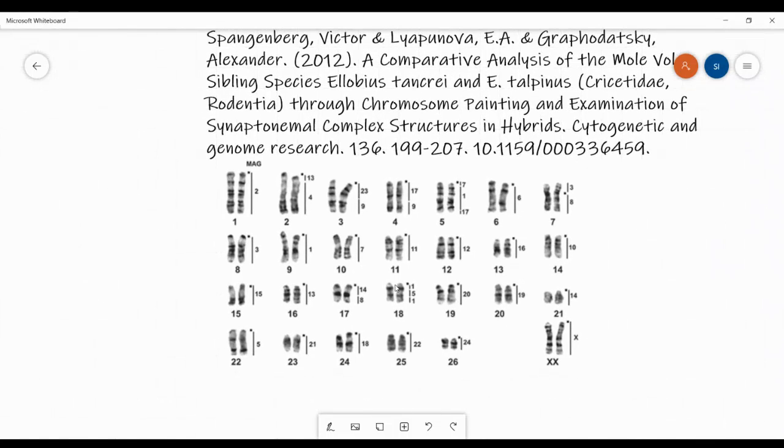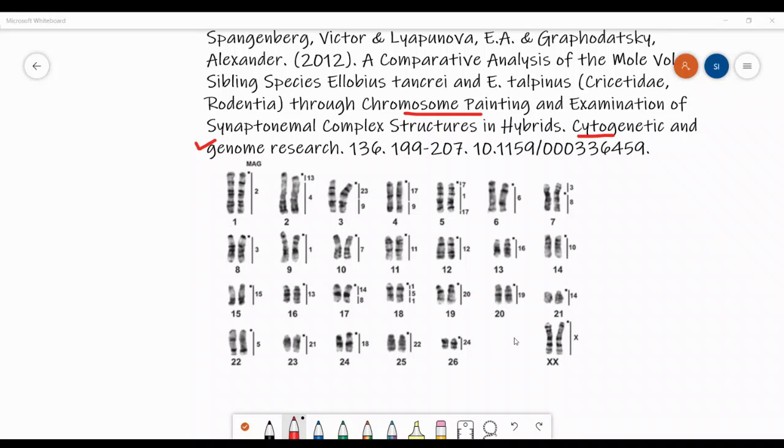So I'm citing the journal, and then we are going to the image. So this is the journal, Cytogenetics and Genome Research, and the topic is about chromosome painting and banding.